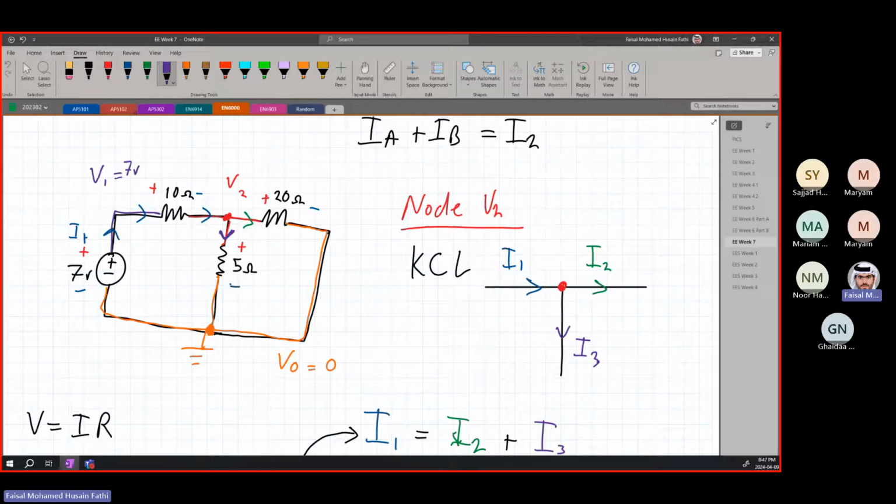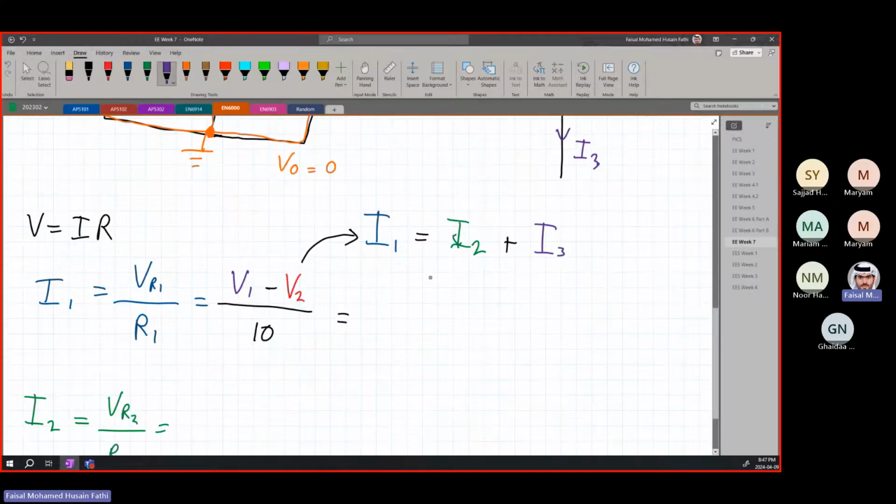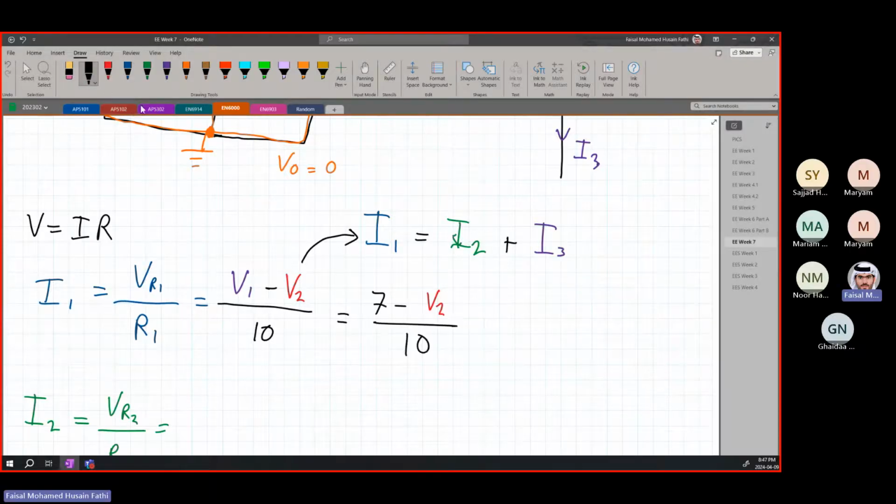Why? Because this is the plus part and the minus part here is 0. So 7 minus 0 is equal to this 7 volt over here. This is going to be 7 minus V2 over 10. This is what we will substitute now inside of I1. Okay, this is our I1.